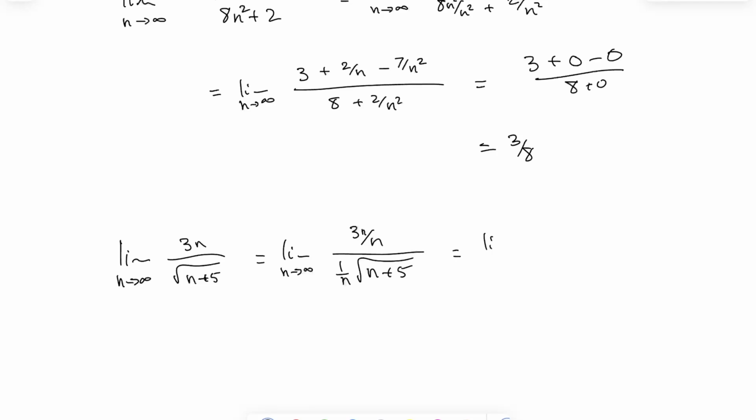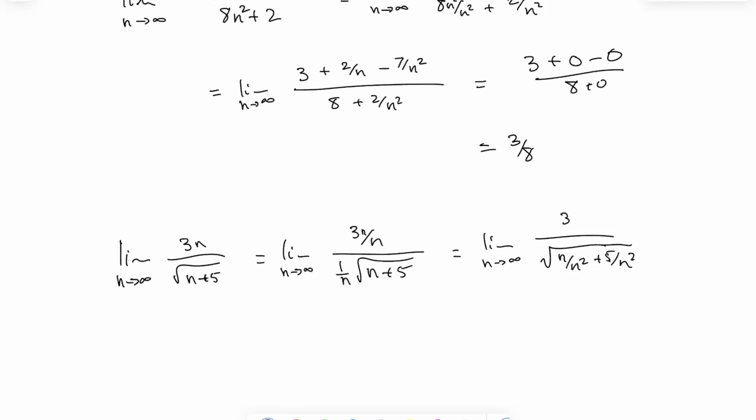You just have to be a little careful about this. Up top, I just get 3. And on the bottom, once the 1 over n enters the square root, it becomes an n squared. That's because 1 over n is the same as the square root of 1 over n squared.